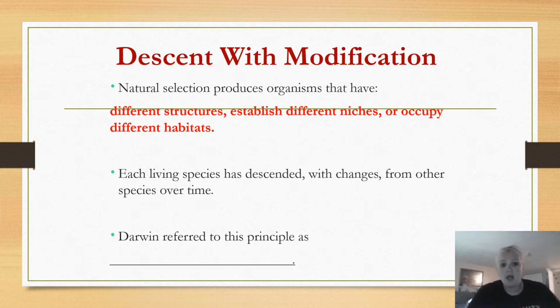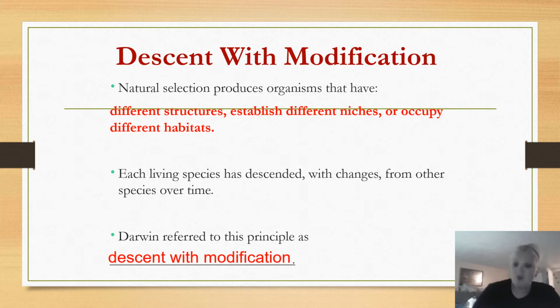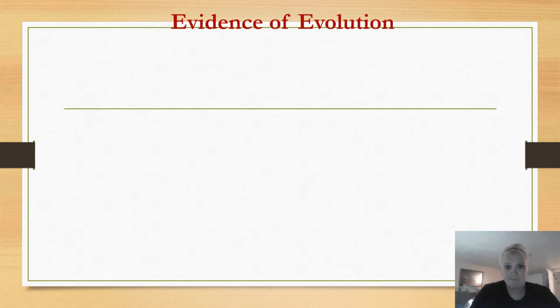Okay? So Darwin called this descent with modification. You're descendants of a common ancestor, but you're modified. You have some differences. You have new adaptations possibly.